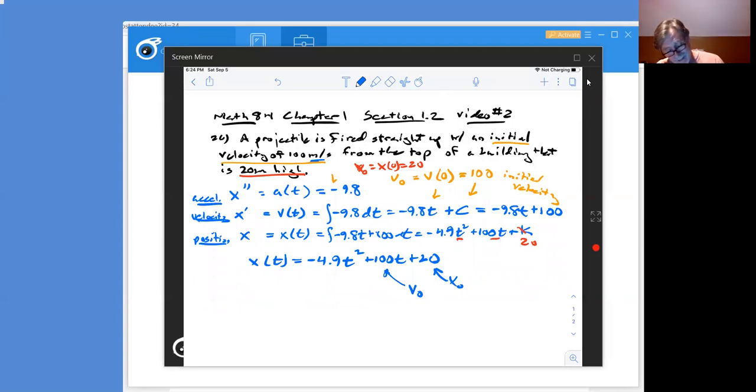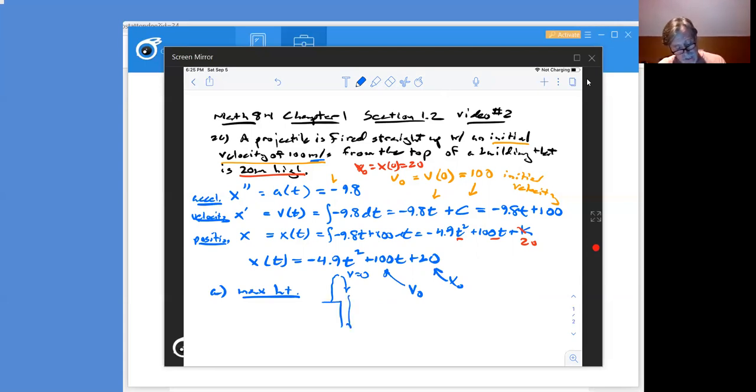And so the questions they ask are typically the max height, part A. The max height is it shoots up, and at just this moment, the velocity is 0 before it plummets back down to Earth. So the picture, here's your building, and this guy's going to fall to Earth like that.